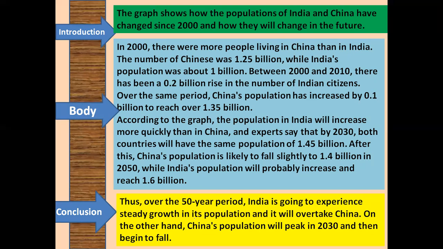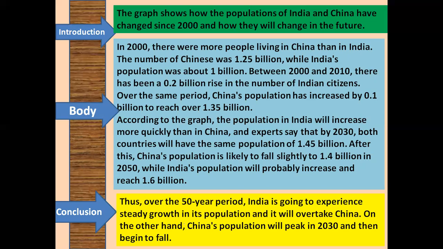According to the graph, the population in India will increase more quickly than in China. And experts say that in 2030, both countries will have the same population of 1.5 billion.